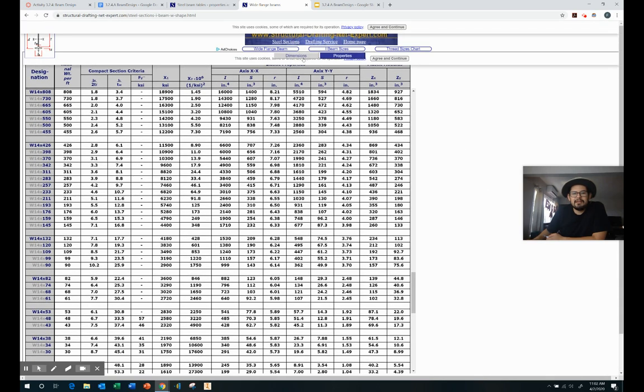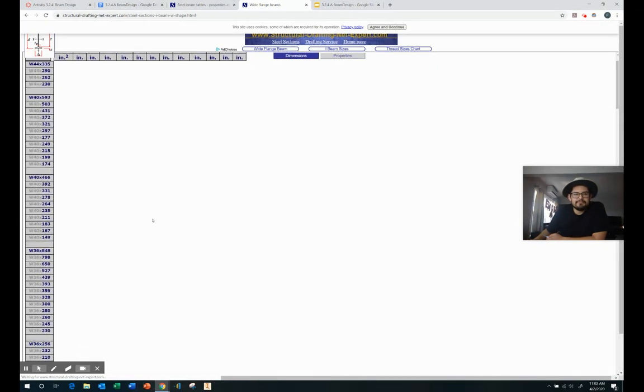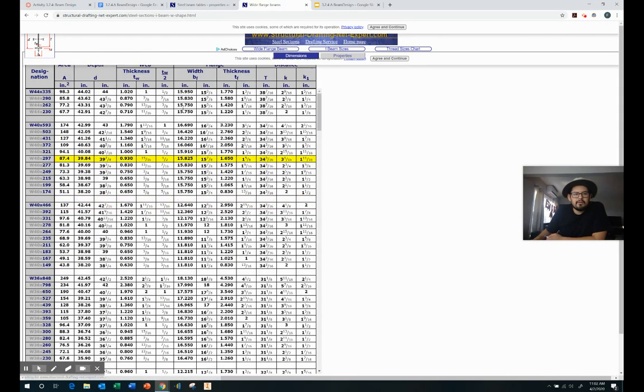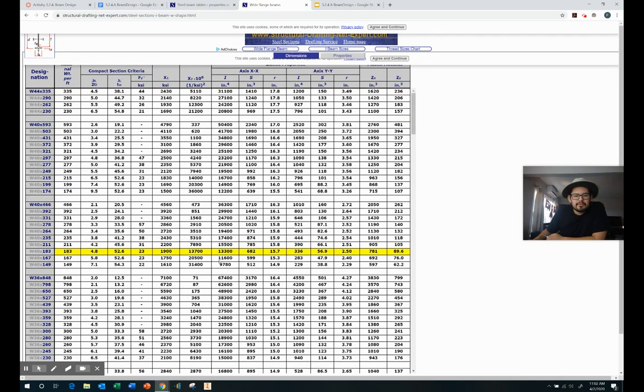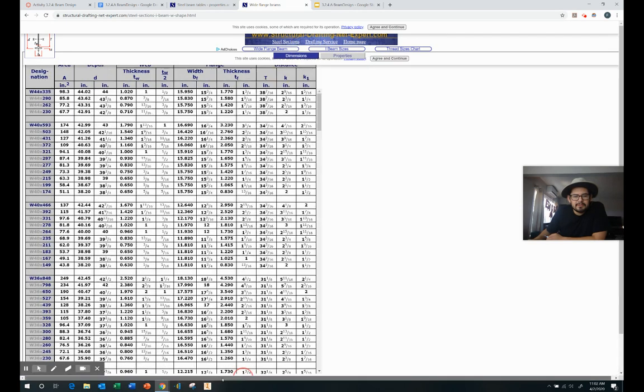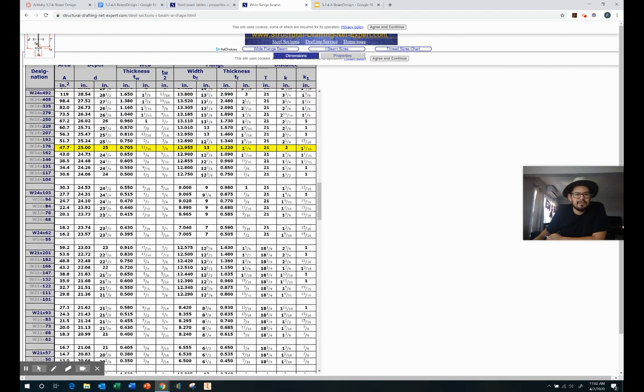So if I look at the dimensions, sorry, it's over here. I just didn't look at the right column.